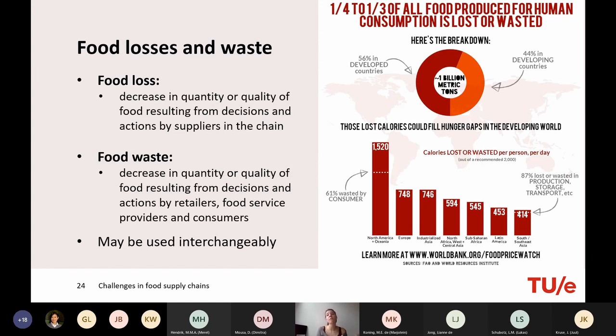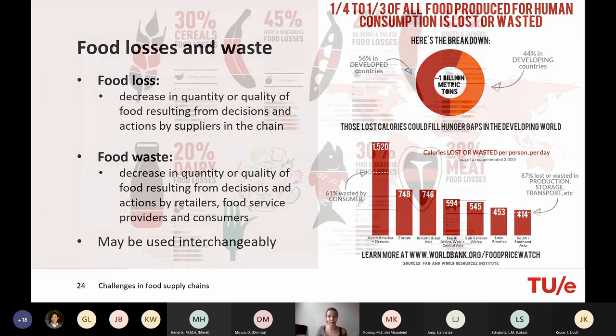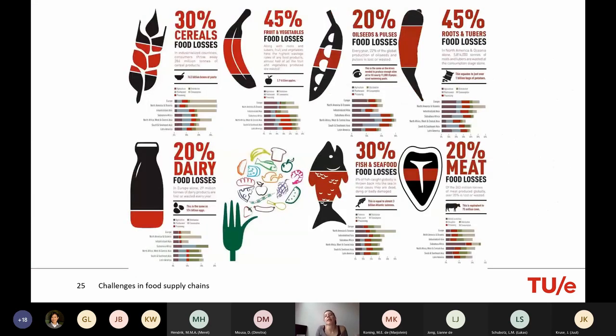Like a quarter to about a third of all the food produced for human consumption is lost. So if you can imagine that, we take all these environmental impacts into account first, and then we just throw it away, that is really not helping the situation. And again, we can also see there are differences here with regards to the type of product on what is wasted more and what's wasted less.